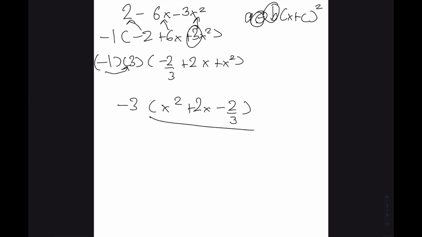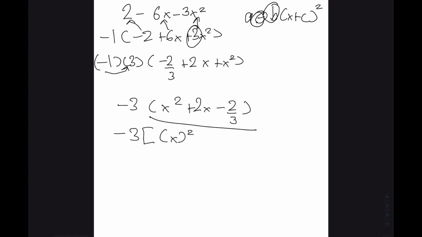Alright, then you just do this via the normal completing the square way. So I'll make a big square bracket here. Big square bracket, x squared.